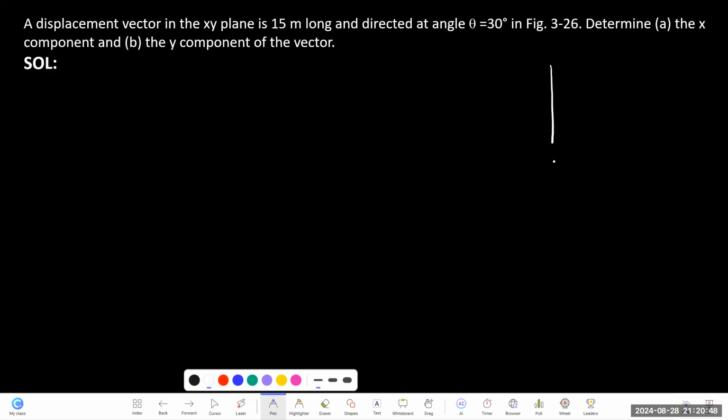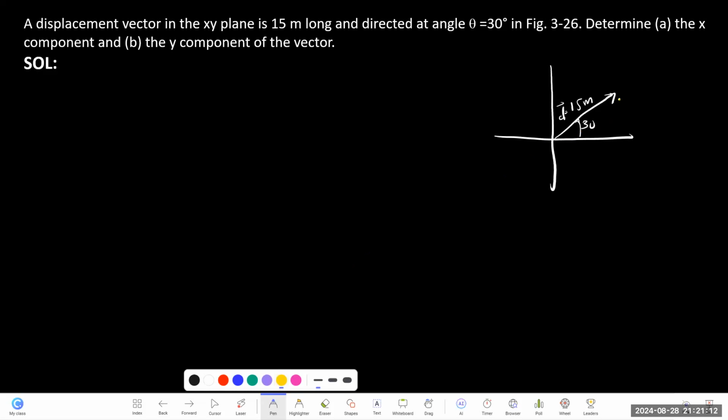So it is given like this: the 30 degrees angle, and the vector is this, and I can call this the d vector. The d vector is a 15 meter long displacement. I want to calculate the x and y components.